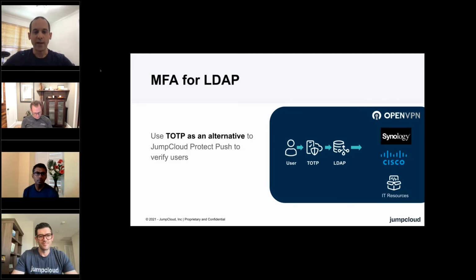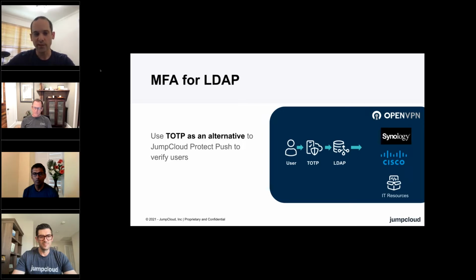So LDAP. LDAP is one of those resources that always was a slightly more difficult resource to log on to. You have many on-prem LDAP authentication-based applications in your environment. And in the past, you used to use local credentials, passwords in order to log on to LDAP, and a few more legacy options.